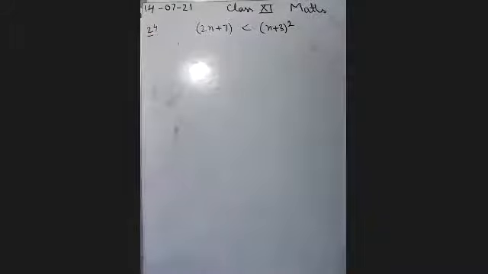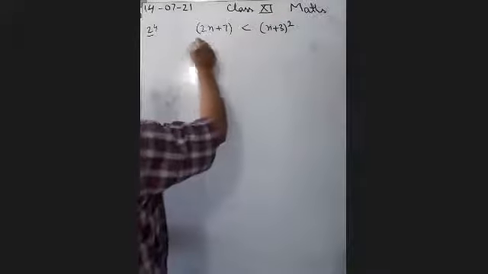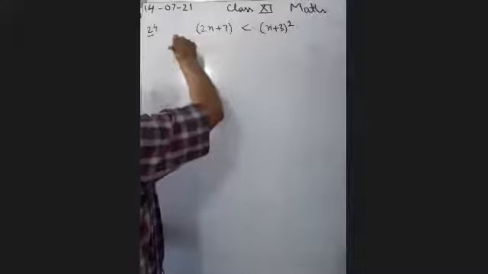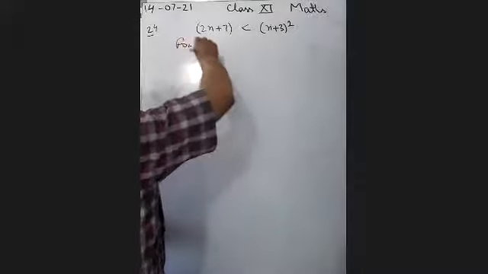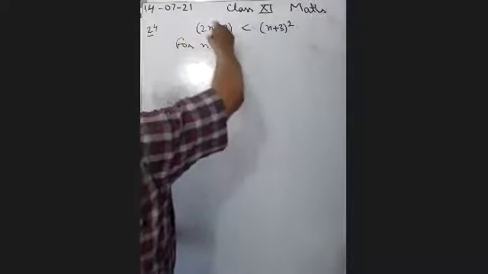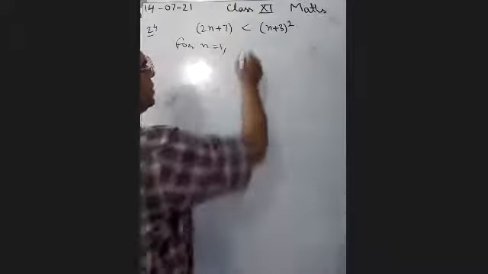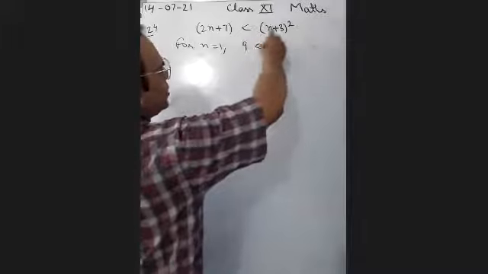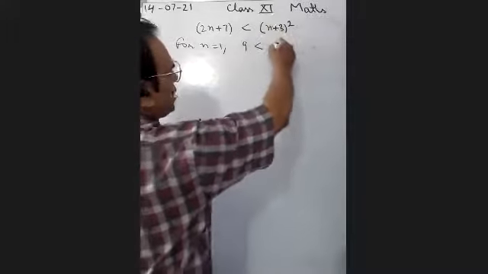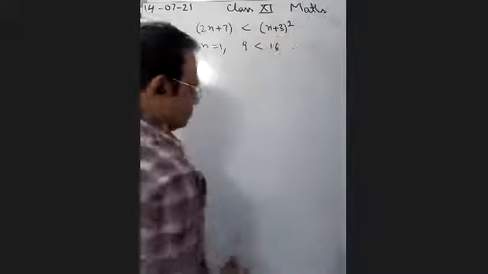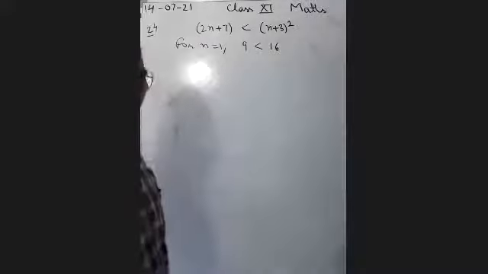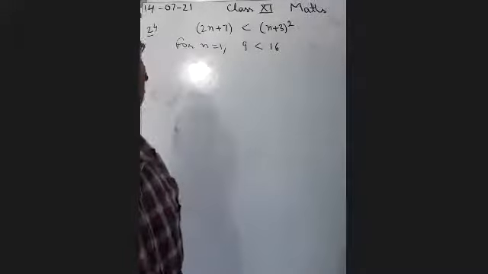So first of all, we will prove for n equal to 1. We check for n equal to 1. So 2 plus 7, right? If we put n equal to 1, it will be equal to 9. On the other side, if we put n equal to 1, that will be equal to 16, which is true. This is true for n equal to 1.